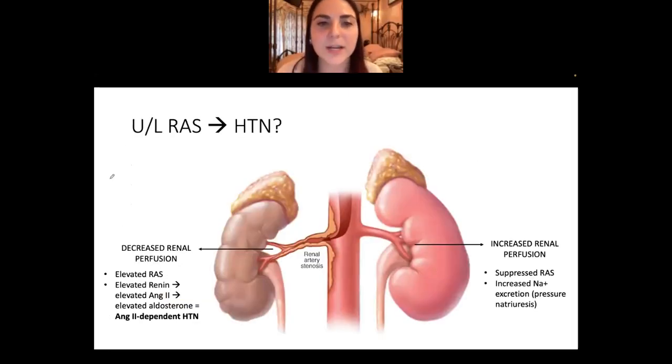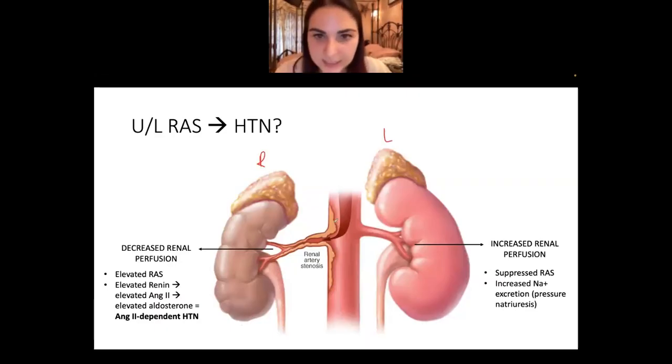So renal artery stenosis, this is a really great opportunity to tie in pathophys and physiology, and whenever a pathology state can tie in physiology, they love it. So thinking, how does a unilateral renal artery stenosis cause hypertension?